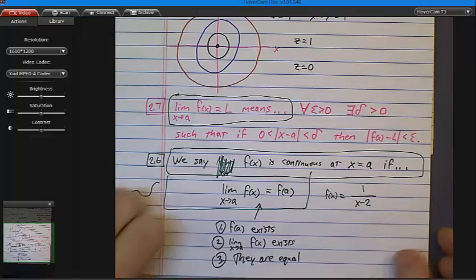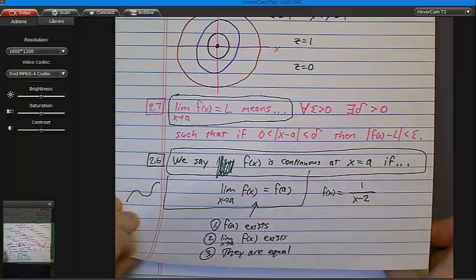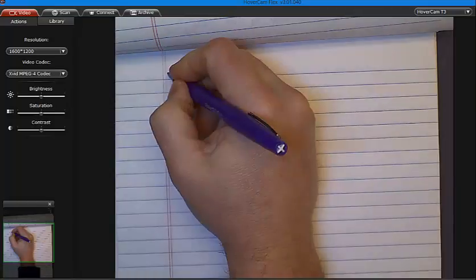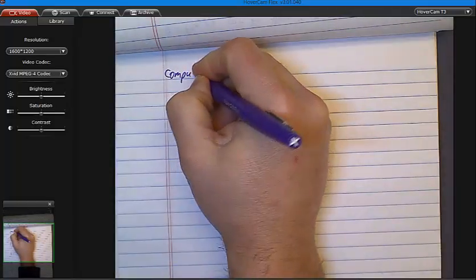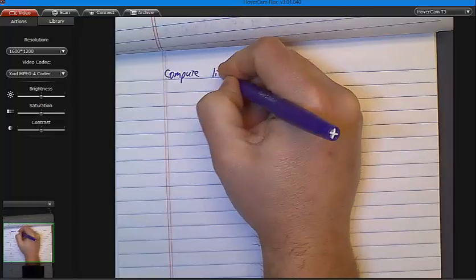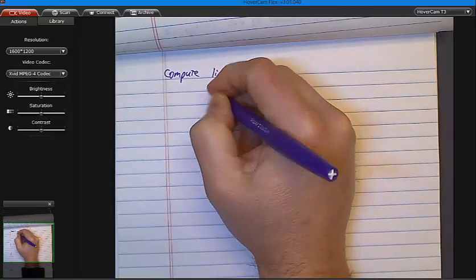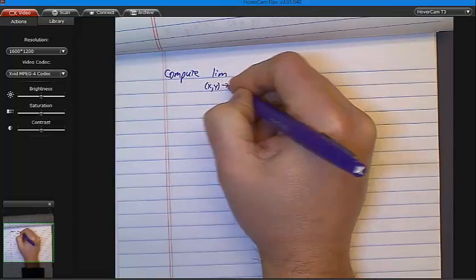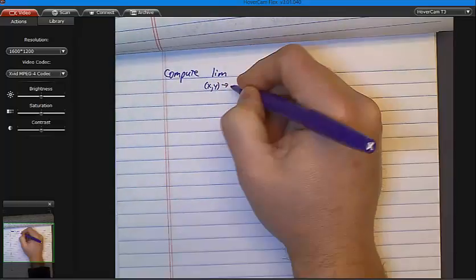Let's show you a very interesting function. We'll have to see if the calculator is going to help me or not. I'd like to compute the limit as x comma y approaches, I'm going to have to give you an a and a b, not just an a.